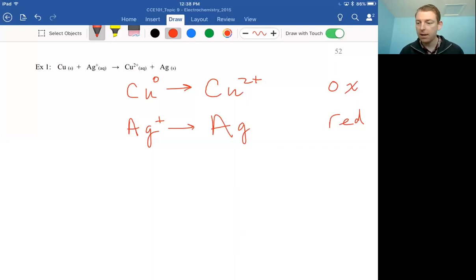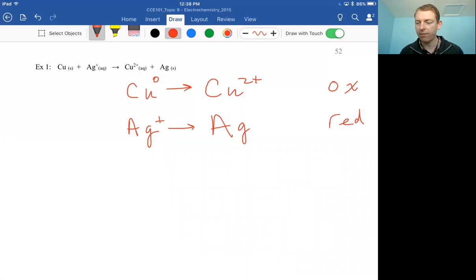Step 3, we're going to balance oxygen by adding water to the side that needs the extra oxygen. Both sides of both reactions have 0 oxygens, so there's nothing to do there. So step 3, check. Step 4, likewise, we don't have any hydrogen for this one, so we're just going to leave it aside until the next example. We'll come back to it.